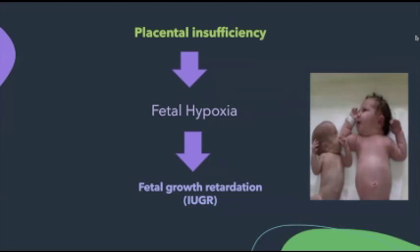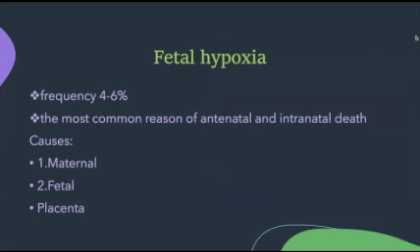What does placental insufficiency cause? Placental insufficiency causes fetal hypoxia, and fetal hypoxia leads to fetal growth retardation. What is fetal hypoxia? It is one of the main complications of pregnancy with a frequency of 4 to 6%.